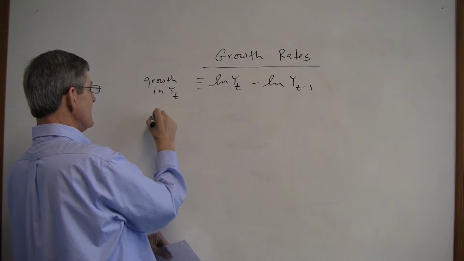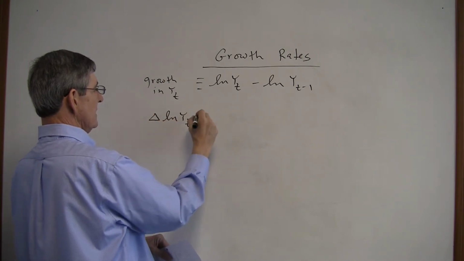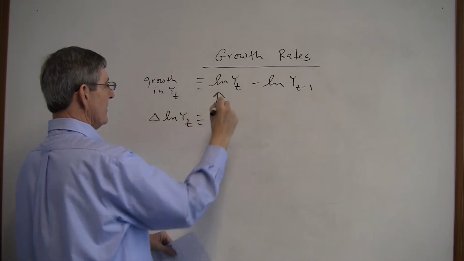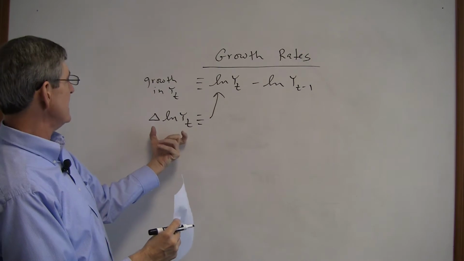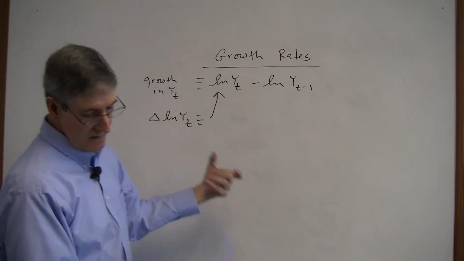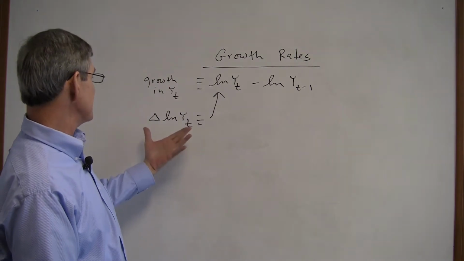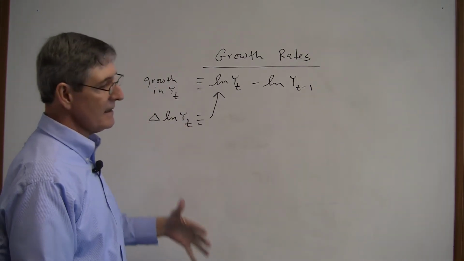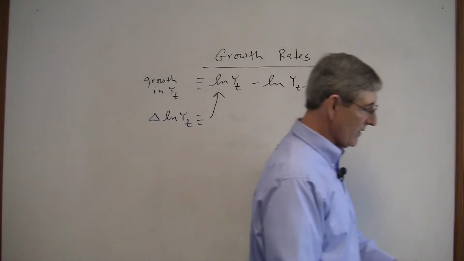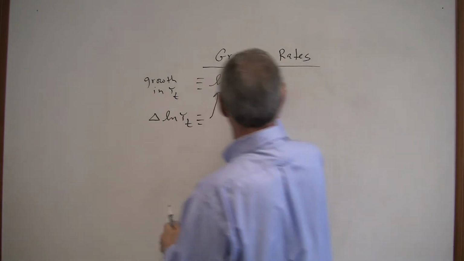And you can write this as delta log yt, because it's the change in the log of yt. So in the software package, you'll just take the log of yt, then difference it, and you'll have the growth rate. Why does this work?